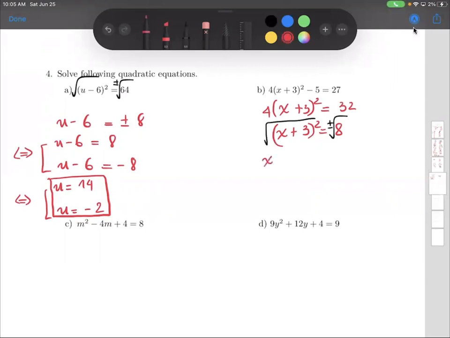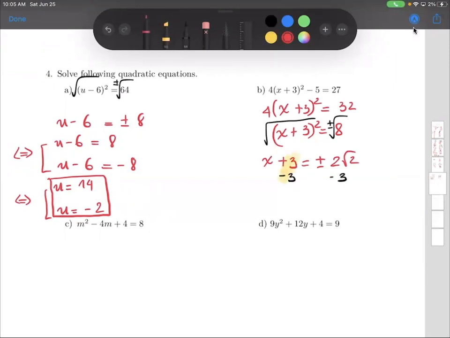On the left hand side, it's just x plus 3. On the right hand side, there's a plus and minus, so this is right here. What is the square root of 8? You need to simplify the square root of 8. 8 is 4 times 2, right? So 2 square root of 2. Subtract 3 from both sides.